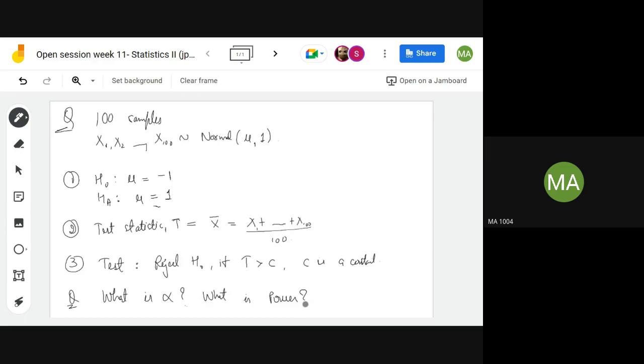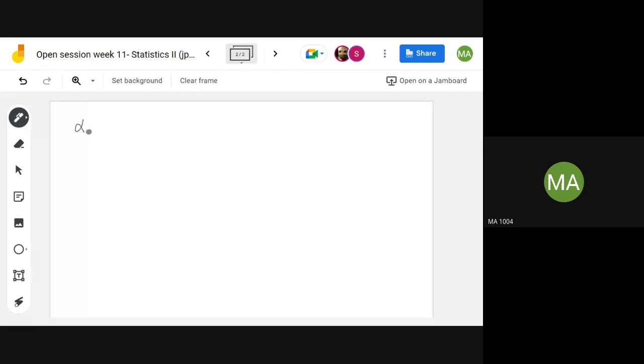To find the alpha, we'll write the definition. What is alpha? Alpha is the probability of making a type 1 error. This is the probability that we reject H0 given H0 is true.